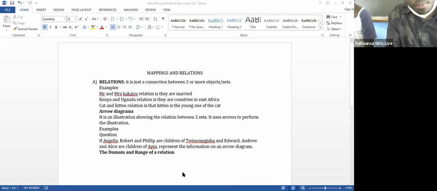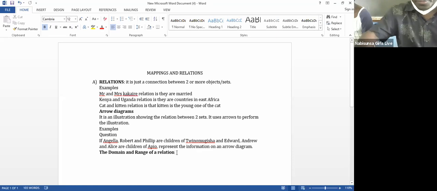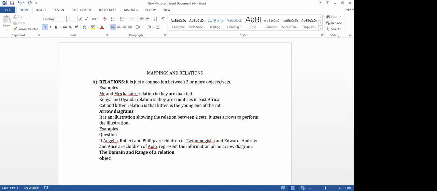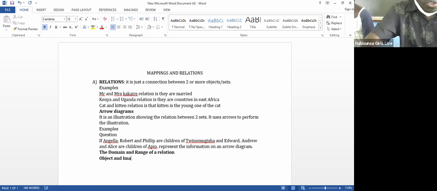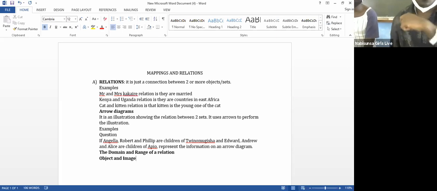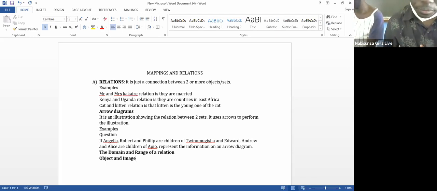So I've talked about other things, namely object and image. I said objects are the elements you find in the domain. Images are the elements you find in the range.